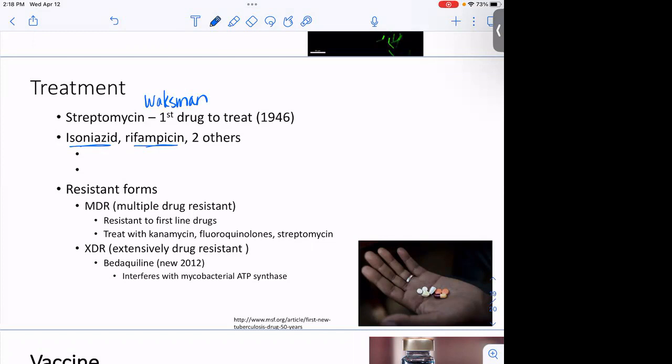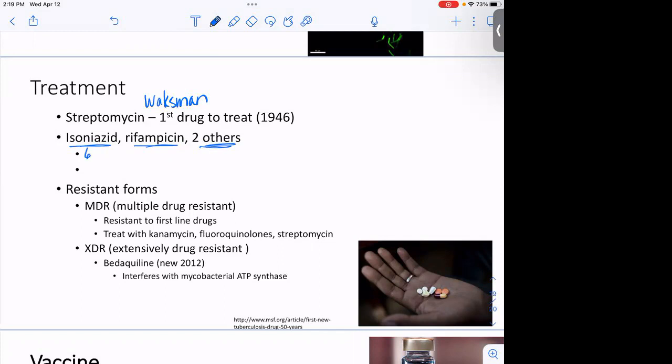It targets RNA polymerase. And then we always use a couple of others. I didn't add them here because we hadn't talked about them before. One of the drugs, we're not even quite sure how it works, but it does kind of keep the TB from replicating. And that's just for normal garden variety TB.